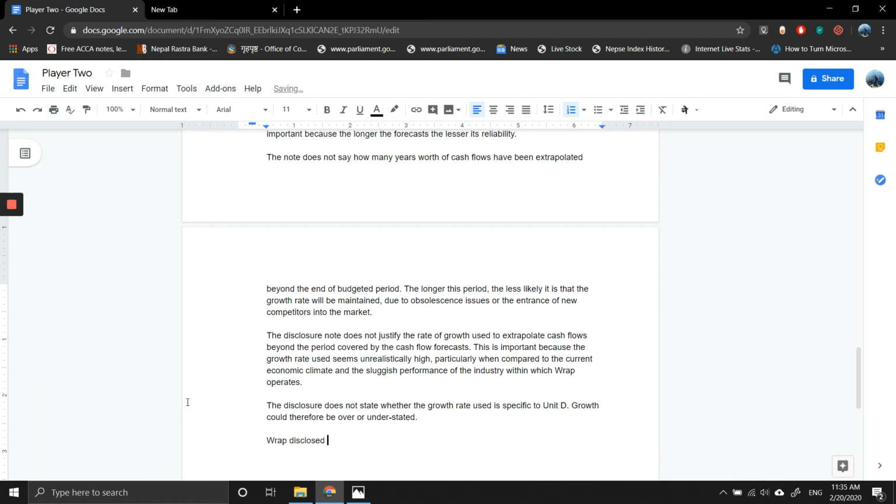RAP disclosed an average discount rate. They should instead disclose the specific rate used to discount the cash flows of unit D so that users can assess whether it appears reasonable.